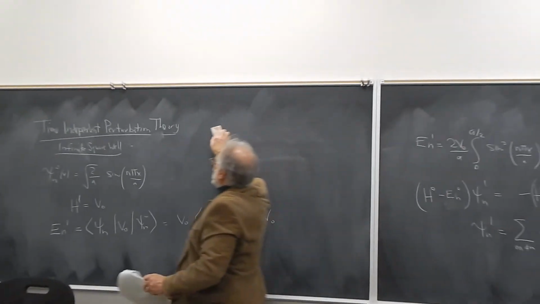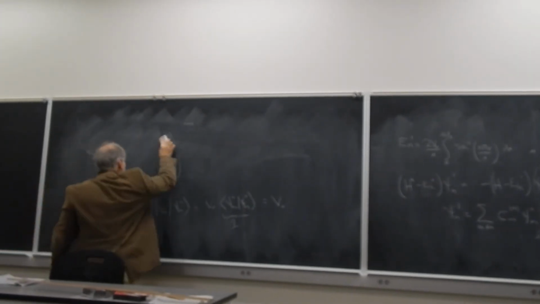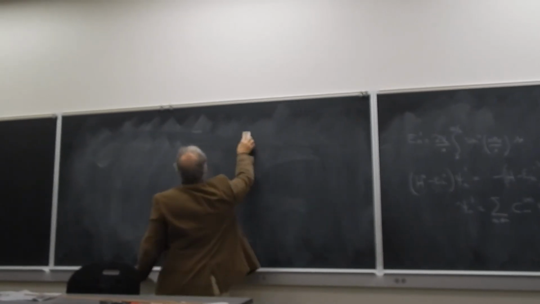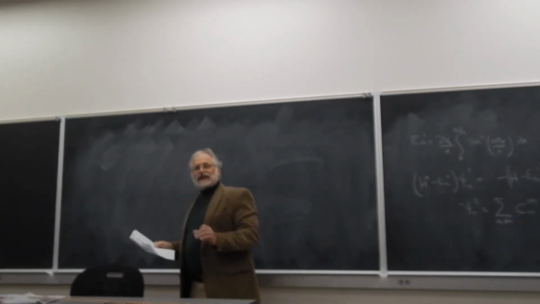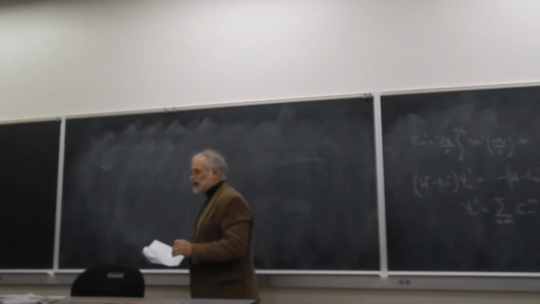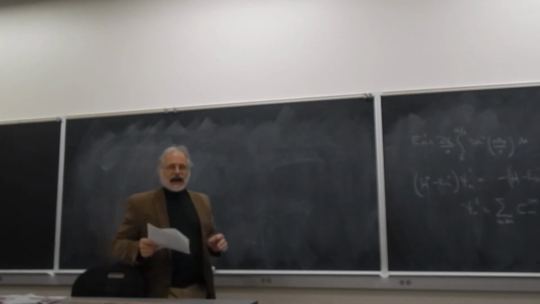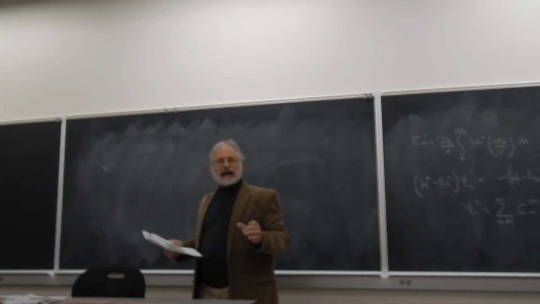Let's do an example with the hydrogen atom. Let's look at the effect of allowing the proton in the hydrogen atom to not have a point size. Let's give it an extension in space.